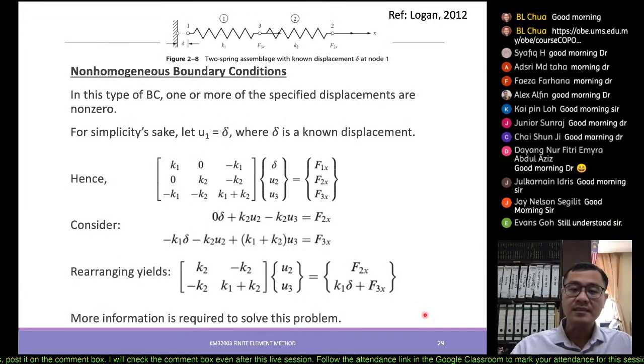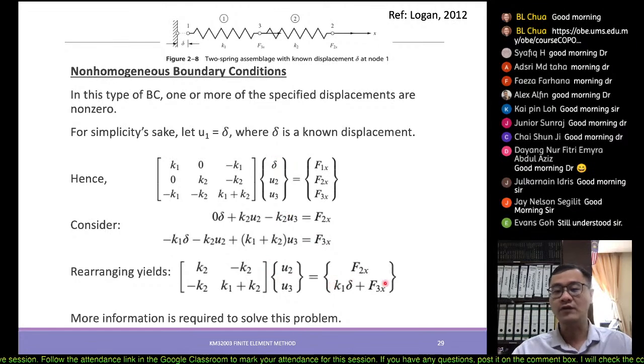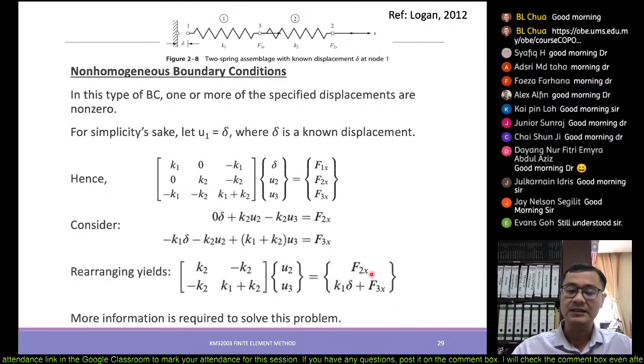For non-homogeneous boundary conditions, this is just for illustration of what it means by non-homogeneous. Let's say now this particular node is allowed to move a certain displacement, and we know this displacement, so we just put that particular number into our equations, and continue to put in and rearrange to solve for the unknowns.